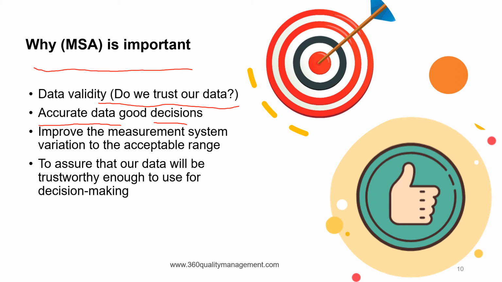And if the variation of the measurement system is too big, we are supposed to improve it to a smaller variation or into the acceptable range. From here, we can assure our data will be trustworthy enough to be used to make a decision.